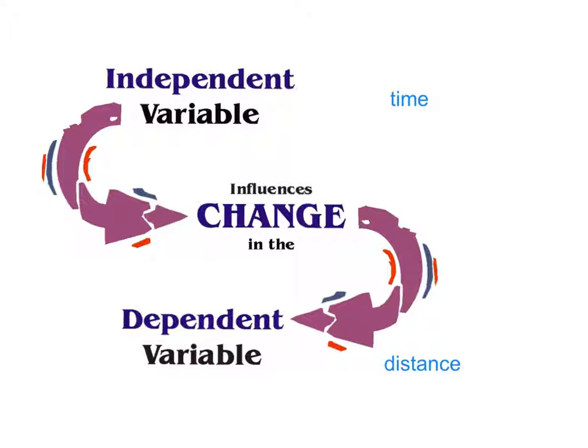The time is just happening whether she's moving or not, right? It's going to keep going. It's independent of what she's doing with her distance. But as time passes, how far she travels depends on how much time has passed. That's the independent and dependent variable.